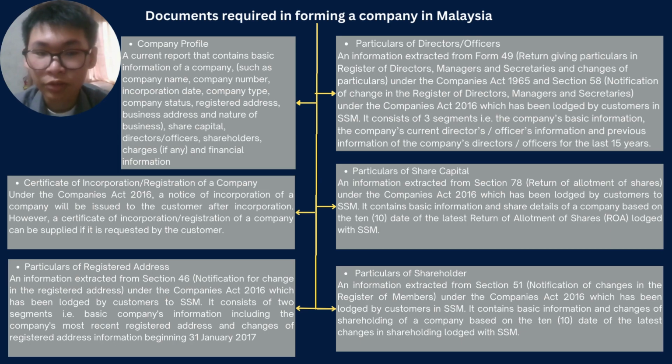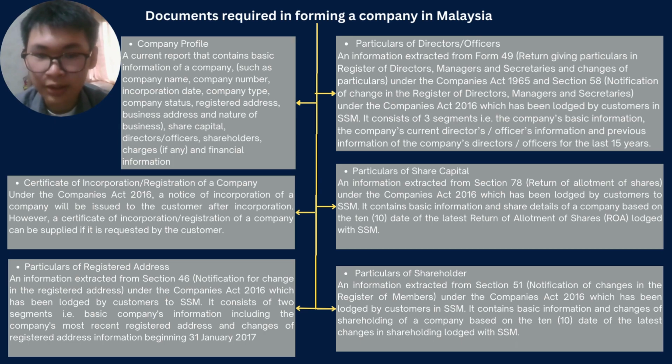It consists of three segments: the company basic information, the company's current directors or officers information, and previous information of the company directors or officers for the last 15 years.